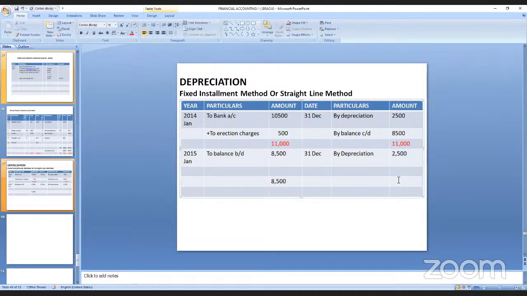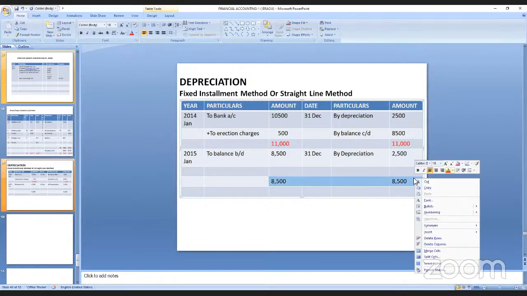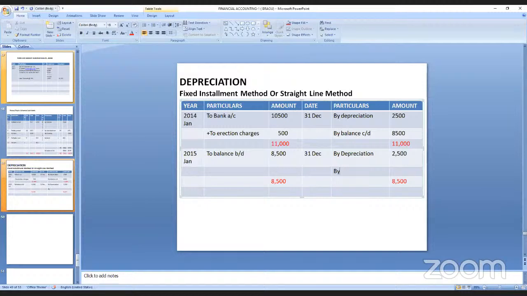So here also you must get the 8,500. So what is the balance amount? By balance carried down, how much? It is 6,000. Understood?